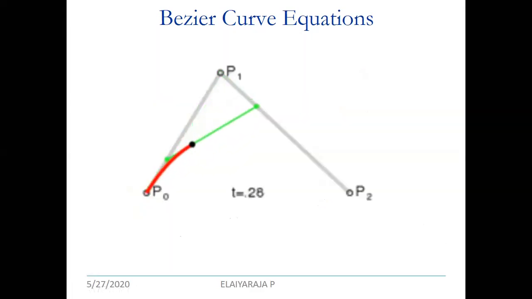Okay, you can see the example where the starting point is P0 and the end control point is P2. Those two terminating points we used to call anchor points, and the middle points we used to call handles. So here P0 is the starting point of the curve, and P2 is the end point of the curve. And this middle control point need not be the curve center point.